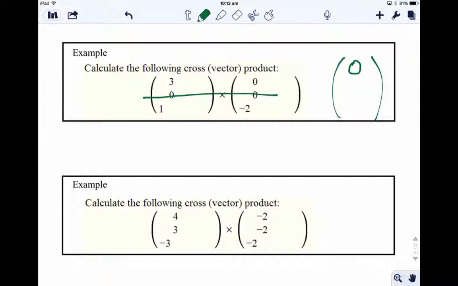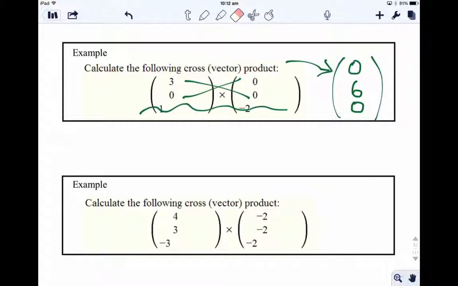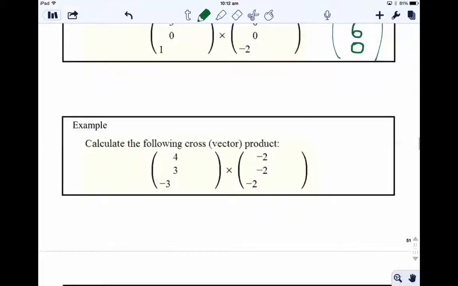I'm going to reverse it this time. 1 minus negative 6 is 6. Notice that time the middle number was reversed in the order I did them. And the last number, cross out that line there and go back to the original way. 3 times 0 minus 0 times 0, which is 0. This vector here is perpendicular to these two vectors here. Isn't that nice?